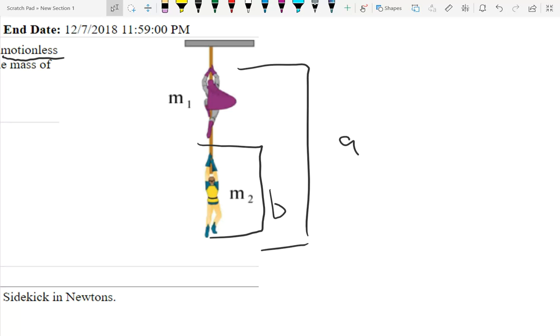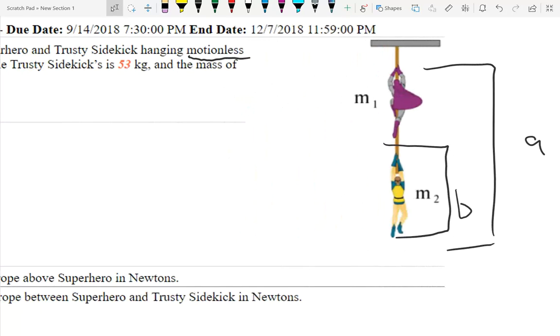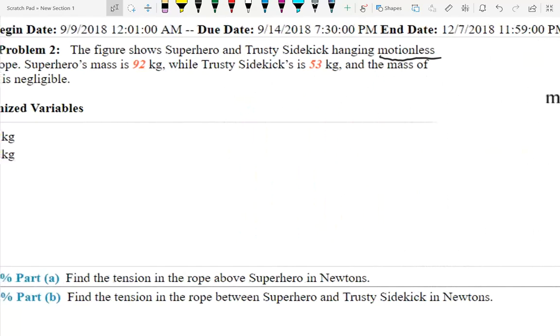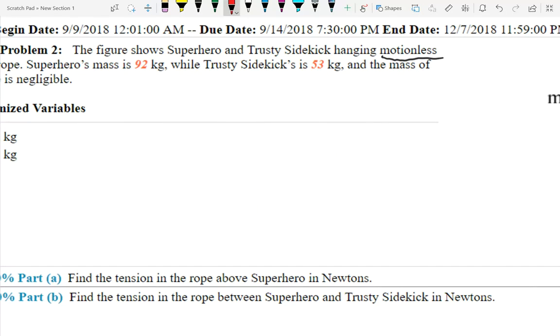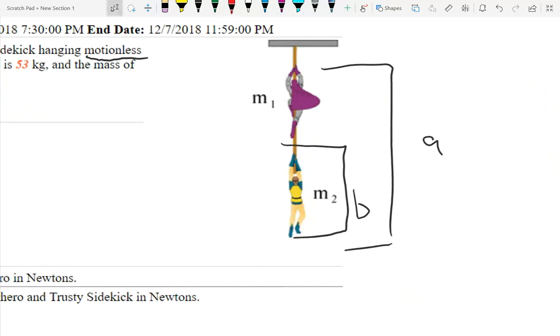By the way, I see that DJ came prepared for this problem. What are we going to draw a free body diagram for? For part A, it asked me to find the tension in the rope above superhero. So I want to find the tension in this rope. And so to make my life easy, and this is exactly what the team did, I'm going to make my object for part A being both of the superheroes, well, the superhero and his sidekick together.